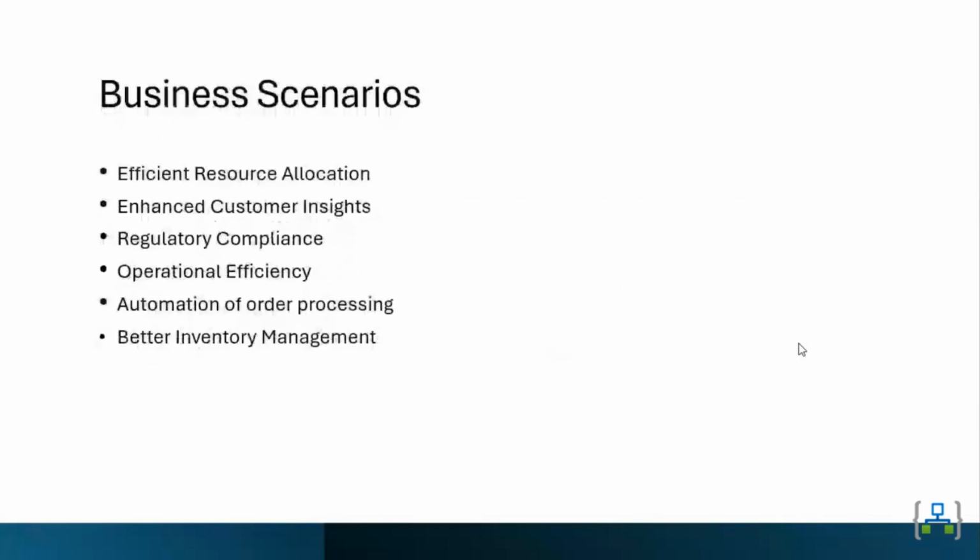After that, we have a few business scenarios. That was mostly why we need to have integration. These are the kinds of business scenarios where integration really helps. First, resources are allocated in a much better way.